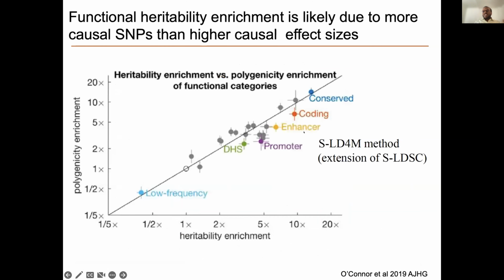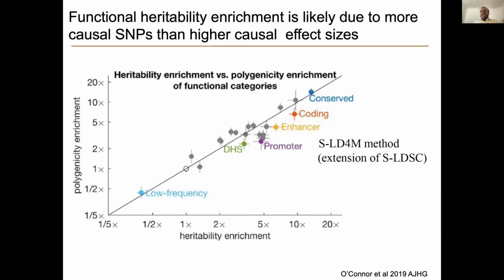One other question was about this enrichment of heritability in the functional categories that we are seeing. Why are we seeing it? Are we seeing it because the causal variants in these categories tend to have larger causal effect sizes in general for GWAS, or do we see more causal variants from GWAS in this functional category?